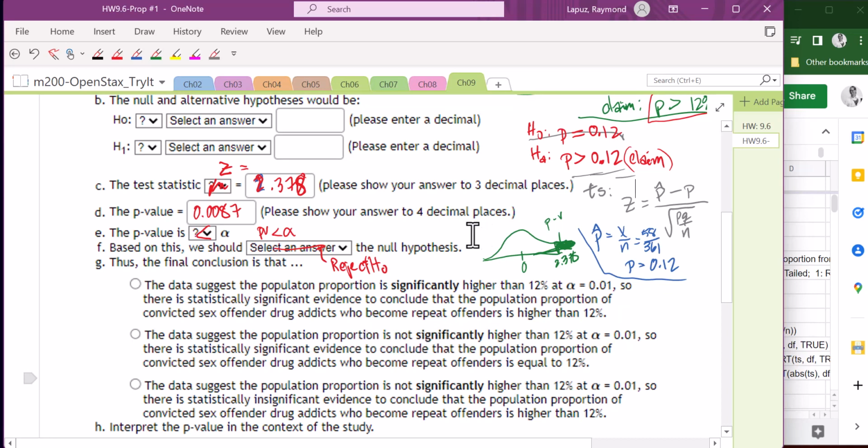Well, I don't think we're doing that. And then the last one is also a not significantly higher. So I think our solution here for this one is that we'll be able to support the claim that it's bigger than 12%.